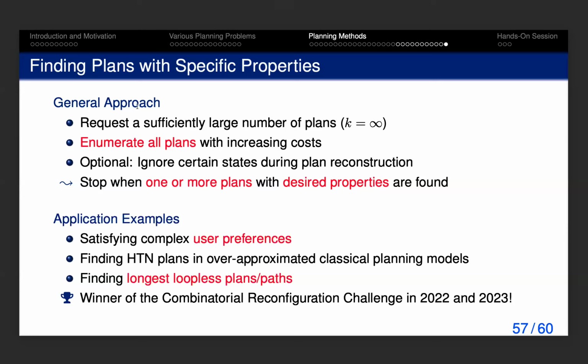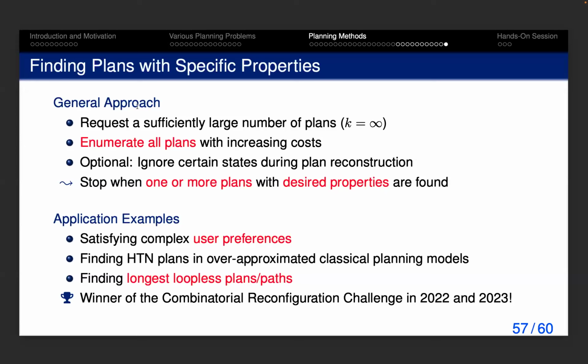So some application examples where we used, I think, my planner, but maybe also some of the IBM guys. Of course, it's not as flashy as the IBM applications, but I still want to mention it here. So of course, you can satisfy complex user preferences using this general approach of producing plans and then checking them for the properties.